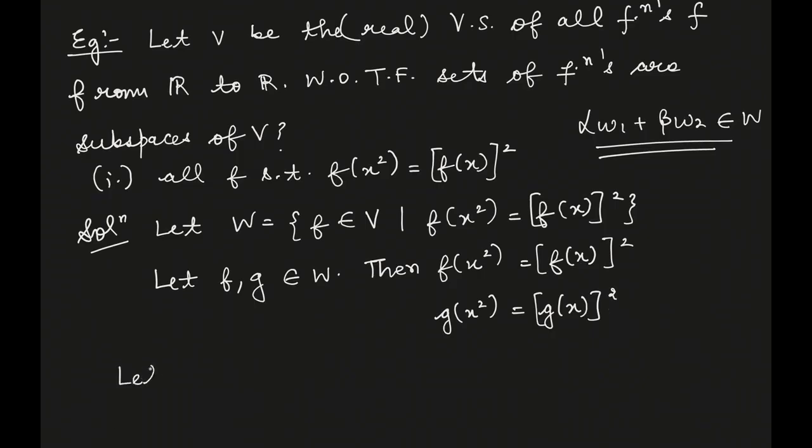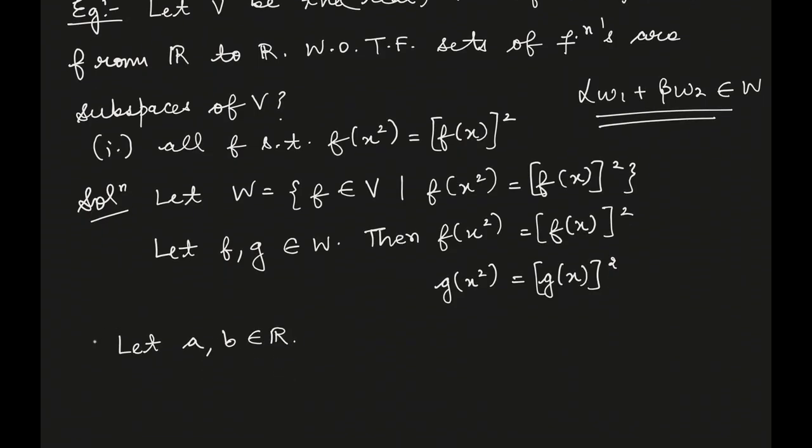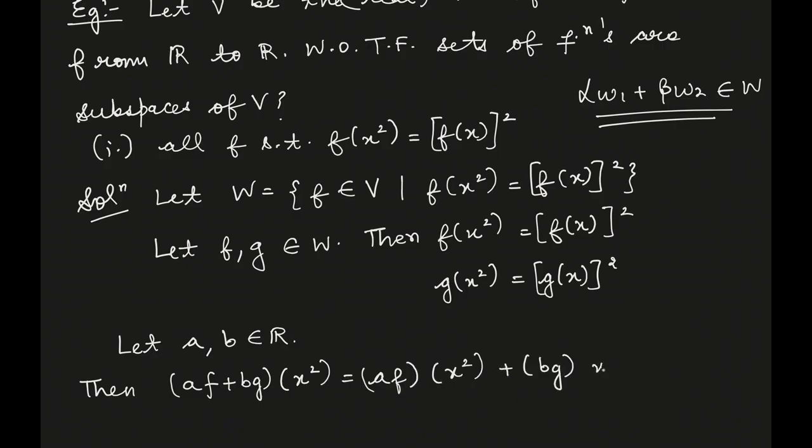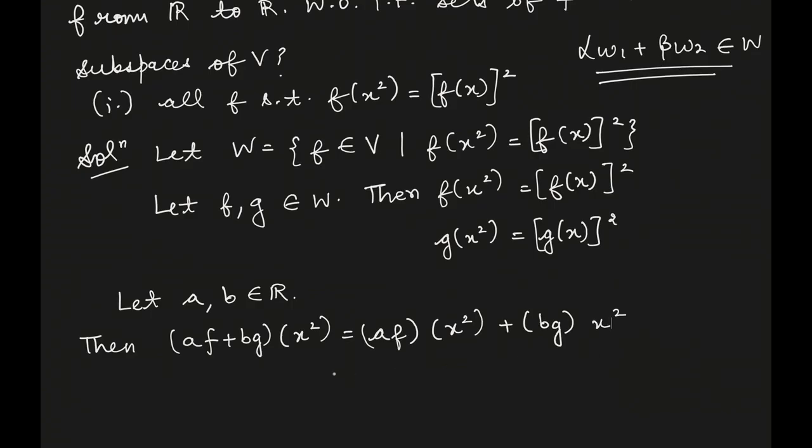Let a, b belong to real numbers, two scalars from the field. Then (af plus bg)(x square) will be af(x square) plus bg(x square). Now constants can be taken outside: a f(x square) plus b g(x square).